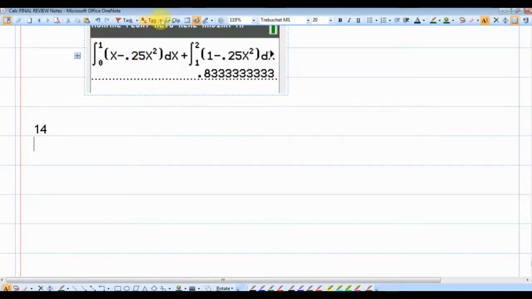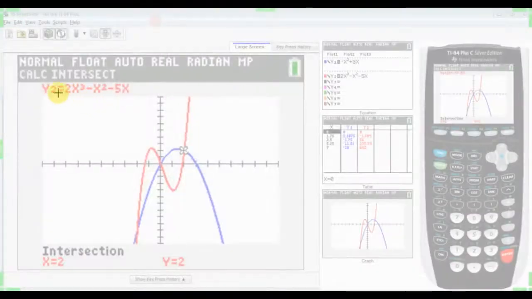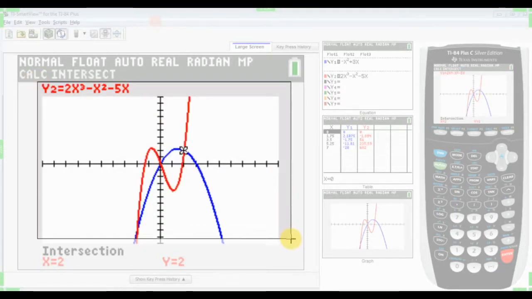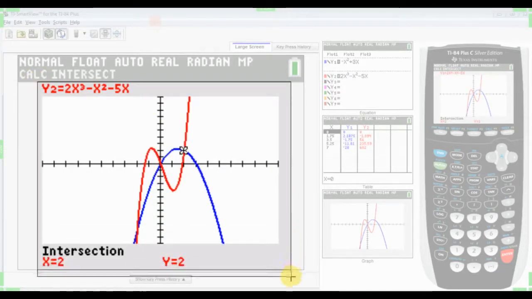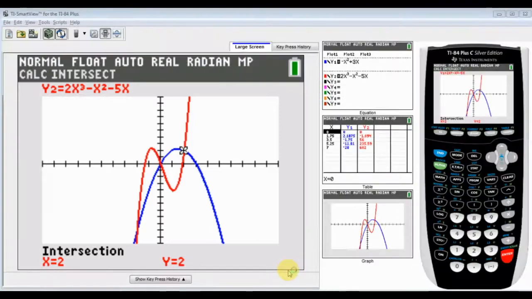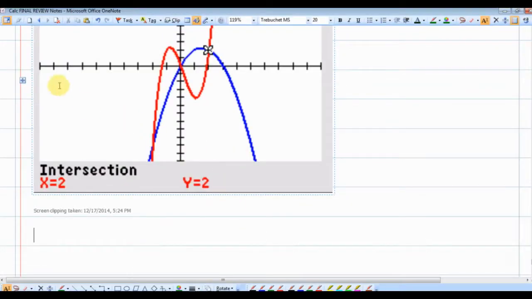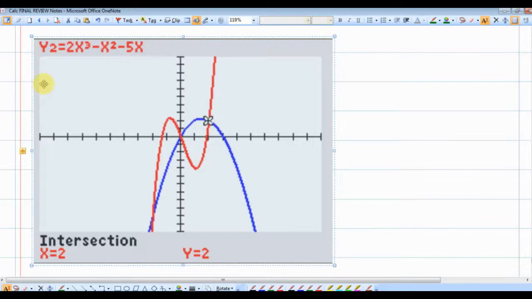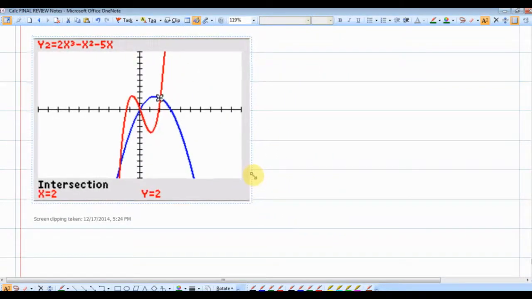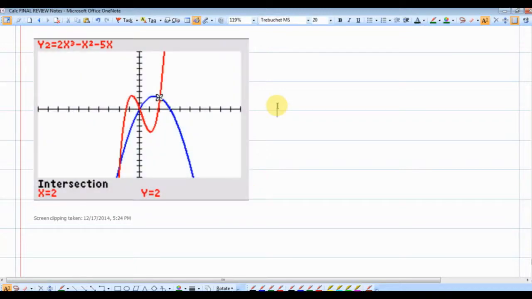Okay, let's screenshot that. Wait, the other one is 2? Yeah. Right, so let's kind of write down our integrals. What's going to happen?